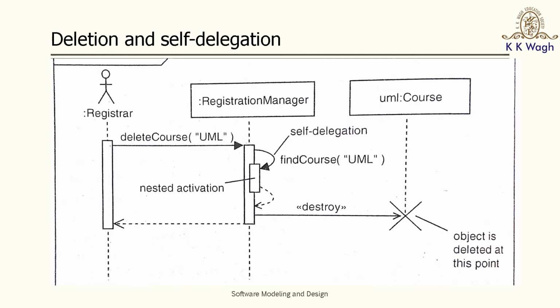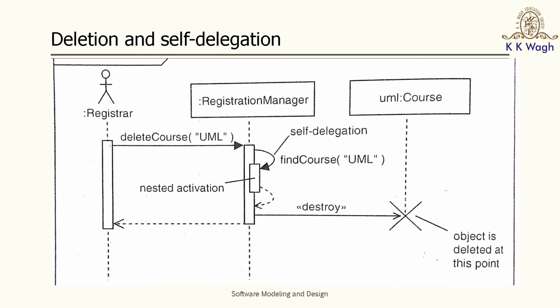So in this example, the registration manager lifeline sends itself the message find course UML to find a UML course object if one exists. Private operations of an object can only be called by that object itself by means of self delegation. Now see here, it is searching for a find course UML object within.